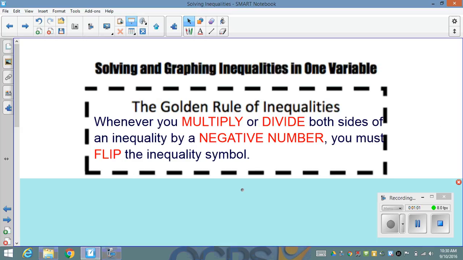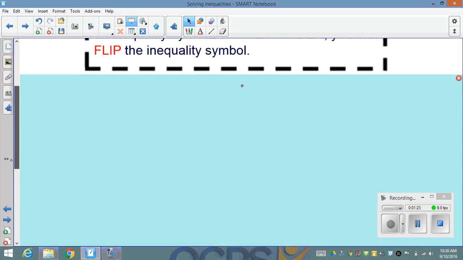So you're still using your properties of equality, your addition, subtraction, multiplication, and division properties of equality to isolate your variable. We just have to remember, anytime you multiply or divide both sides of an inequality by a negative number, you need to flip the inequality sign.